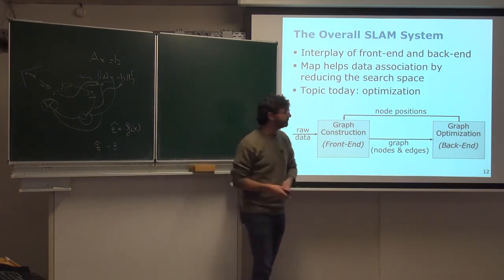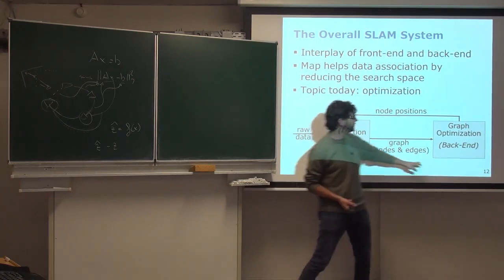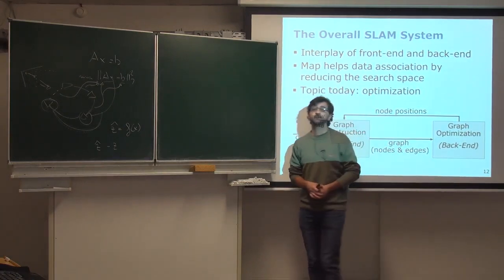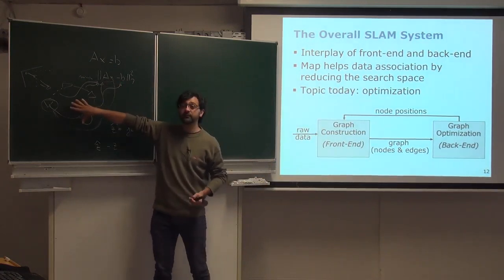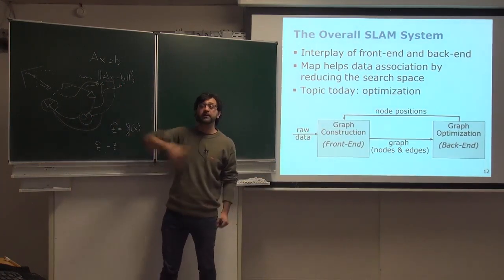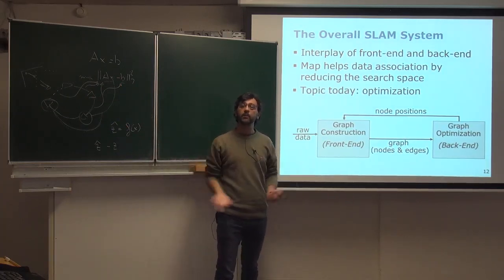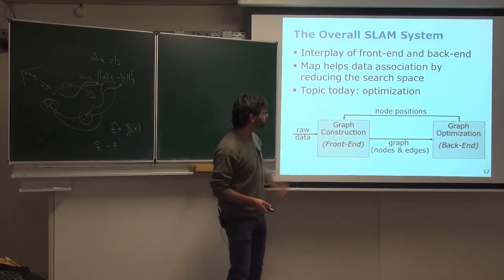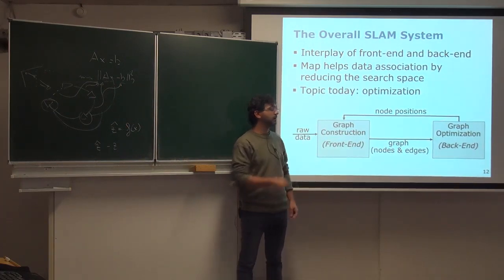Once we have that, we get this graph, and we have what's called the backend, which is a system that solves that. Basically it takes this graph, builds a least squares problem, solves the least squares problem, and gives a solution to the SLAM problem per se. Okay? One can see them as two isolated entities.